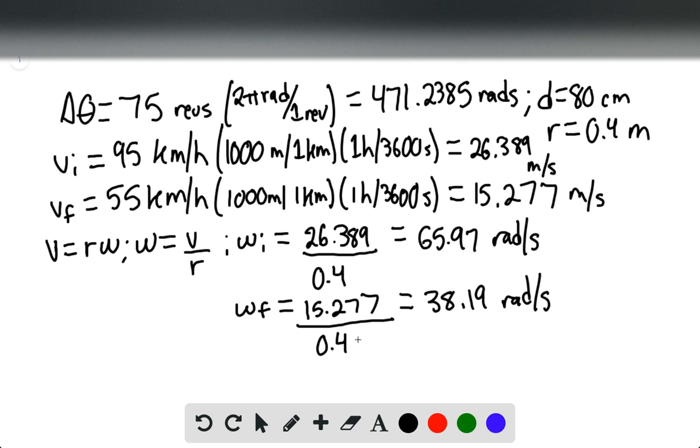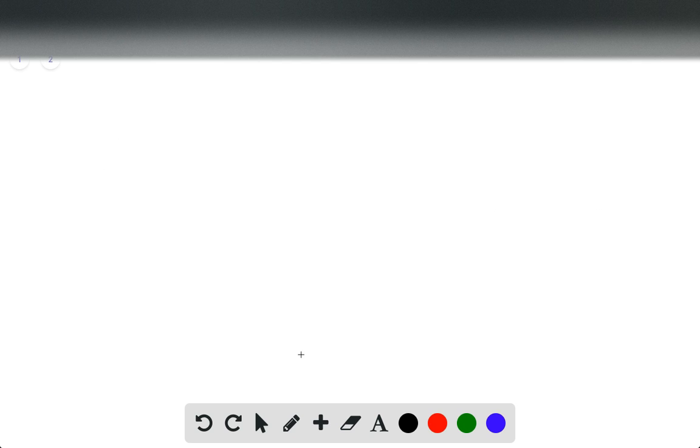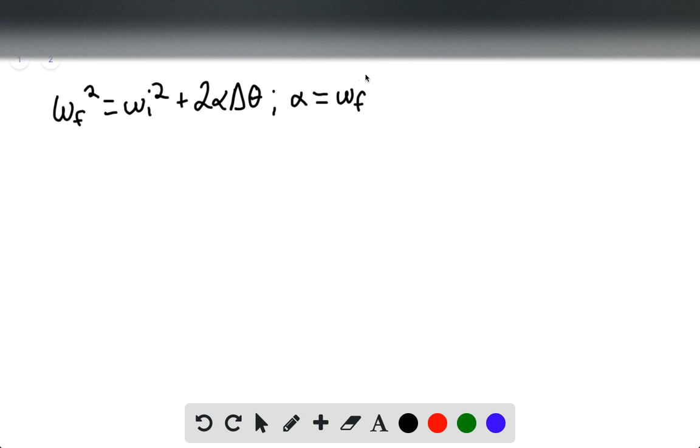Now at this point, if we want to find the angular acceleration and we don't have time, we're going to have to use angular kinematics and say omega final squared equals omega initial squared plus 2 alpha delta theta. And solving for alpha, we find that this is going to be equal to omega final squared minus omega initial squared divided by 2 delta theta.